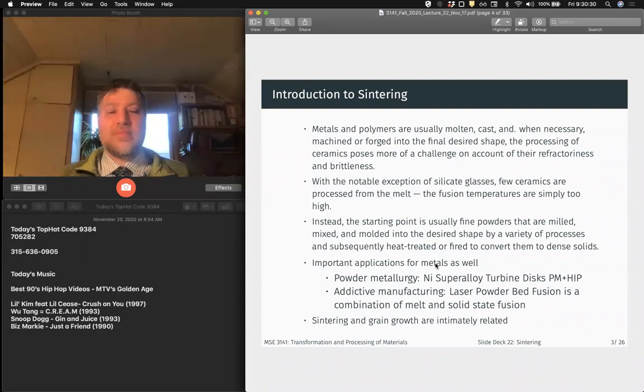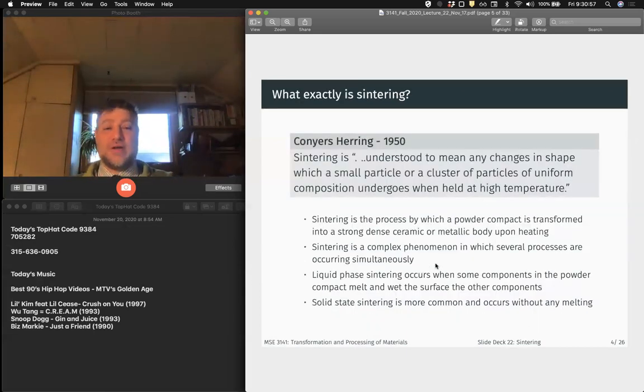So laser powder bed fusion, right? We have a combination of melt and solid state fusion, but then these parts are usually hipped to close up any porosity, right? And sintering and grain growth are intimately related. So when we talk about grain growth next, we'll see how closely it's related to what we see in sintering.